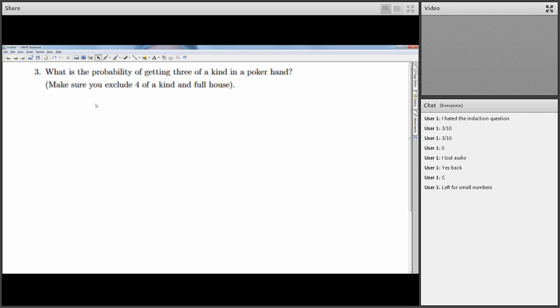So the next one is, what's the probability of getting a 3 of a kind in a poker hand? I'm not sure how much you understand poker. Poker is 5 cards, so it's basically getting 5 from 52 cards.